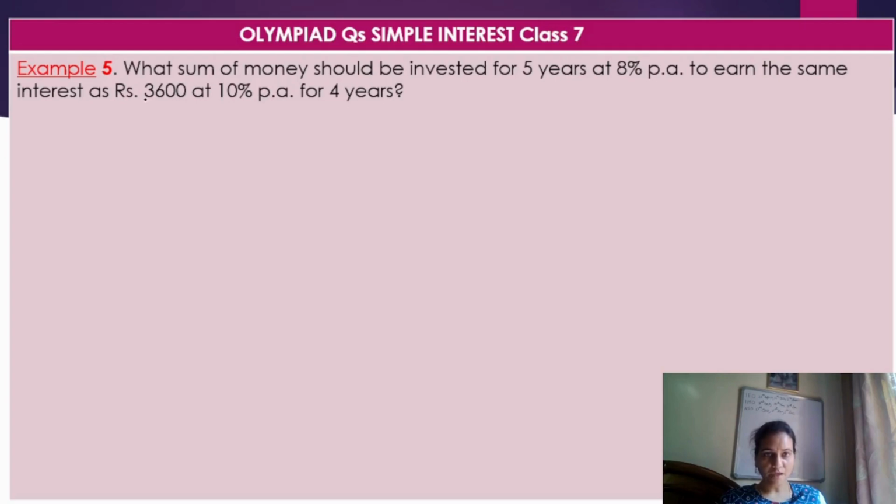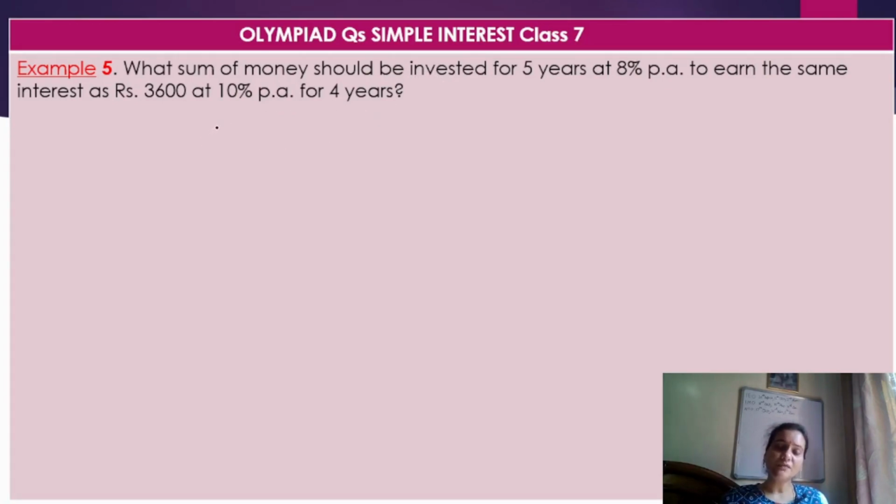So हमें क्या पूछा जा रहा है कि find the principal जो कि 5 years at 8% per annum में हमें सेम सिंपल इंटरेस्ट देगा जितना कि rupees 3,600 प्रिंसिपल अमाउंट हमें रेट ऑफ 10% पर annum for 4 years में देता है.